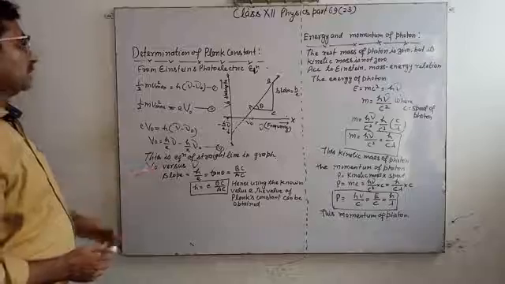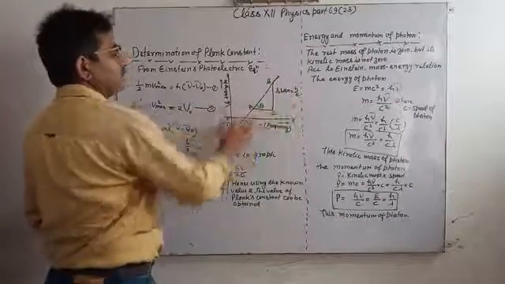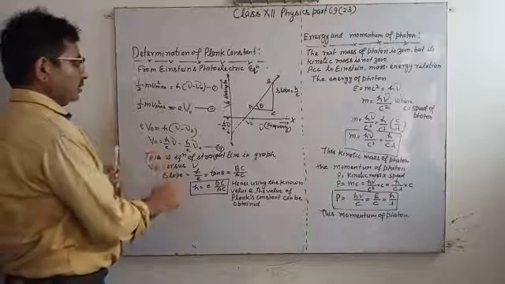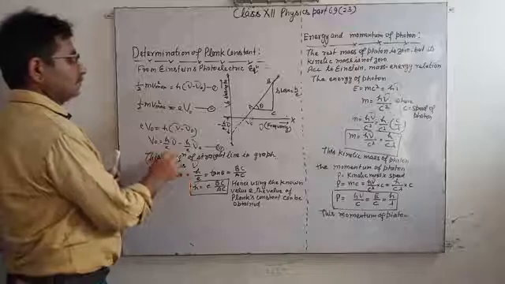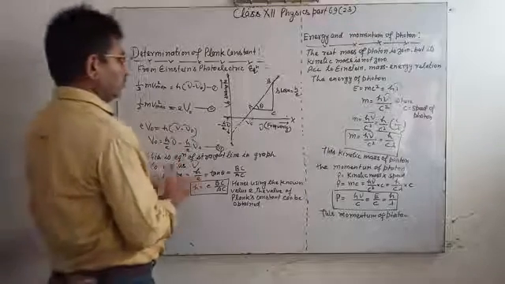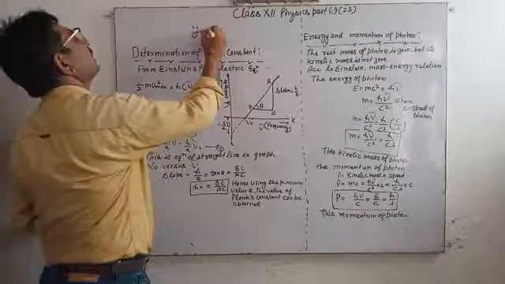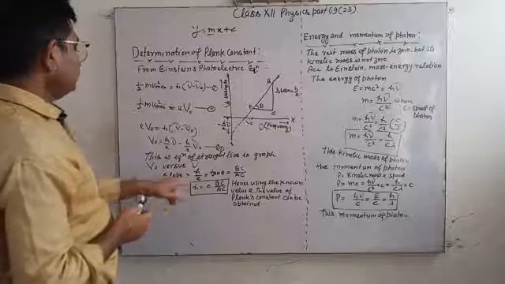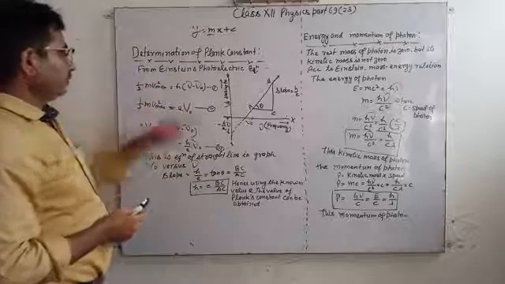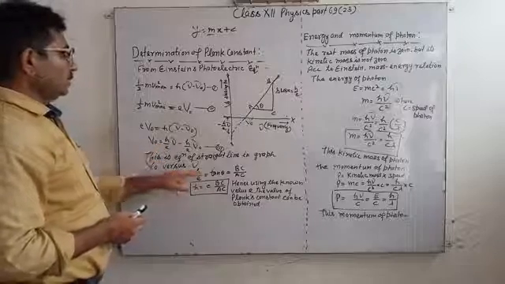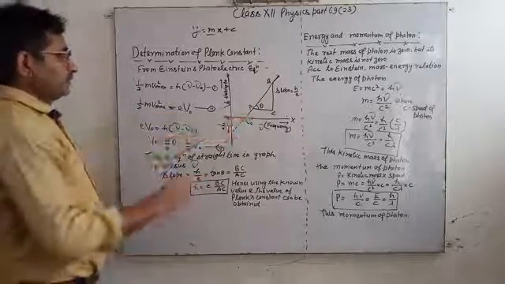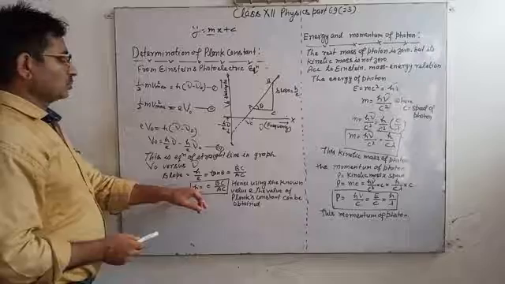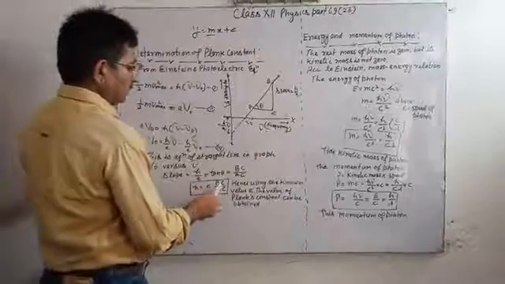Therefore the slope of this straight line, in the form y equals m x plus c, compare, you will get the slope h by e. On comparing the straight line y equals m x plus c, m is the slope, and here h by e is also the slope, equal to tan theta from the figure, that will be BC upon AC, so that h equals e into BC upon AC.